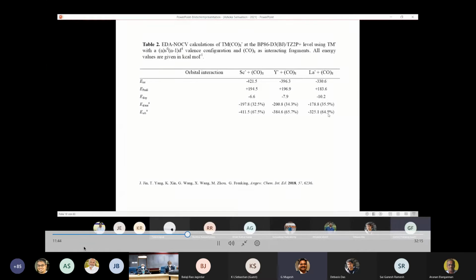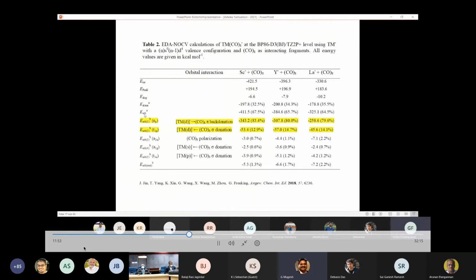But what is nice about the EDA-NOCV is that you can break down the total orbital interaction into the pairwise terms, and then you get the pairwise interaction. And you can see that the major component comes from the E gerade and the T2 gerade. The E gerade is the donation of the d orbitals, the back donation into the p, which provide between 80 and 85%.